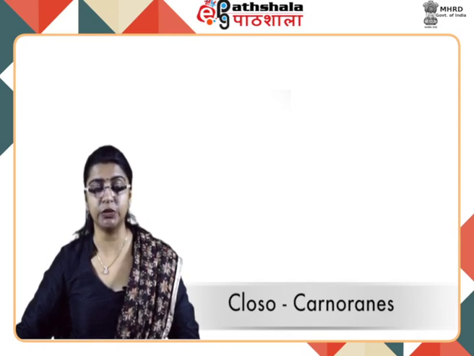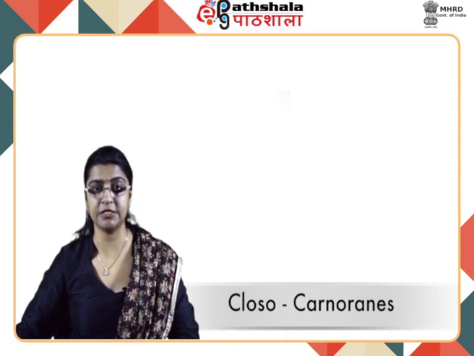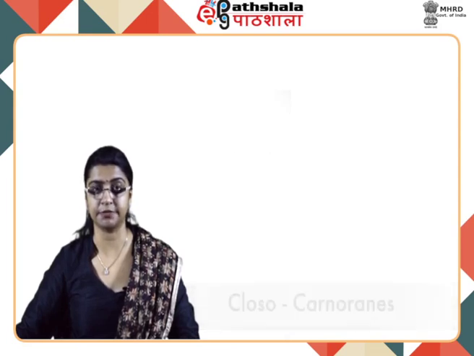According to Wade's rule, the 2 CH units contribute 2 multiplied by 3, that is 6 electrons, and 10 BH units contribute 10 multiplied by 2, that is 20 electrons, to the bonding molecular orbitals of the structural skeleton. Thus, there are 13 electron pairs present in the multi-center bonding orbitals of C2B10H12, and hence it is a closocarborane.